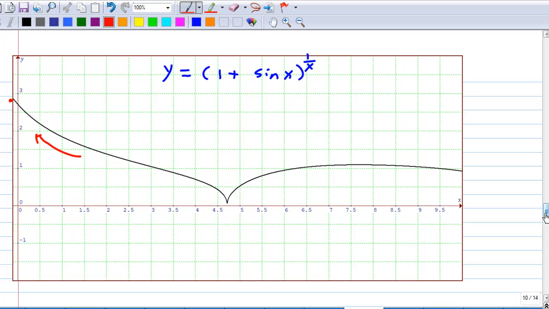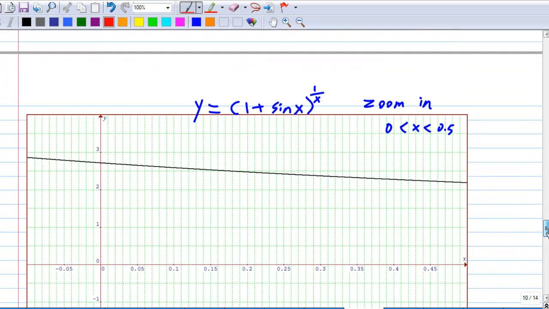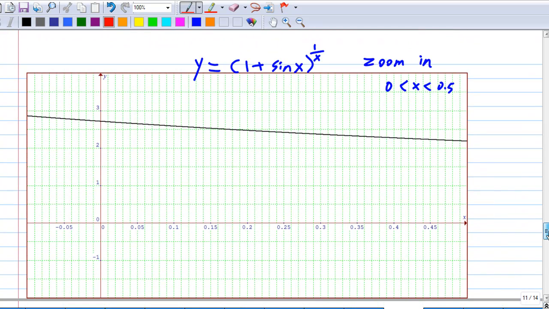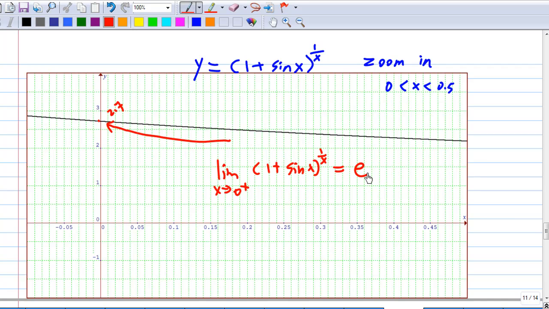If you zoom in on the portion of the graph where x is between 0 and 0.5, and find out when x approaches 0, you find that y approaches a value of about 2.7. The limit as x approaches 0 from the right of (1 plus sine x) raised to the power 1 over x is e, using the graph to help us.